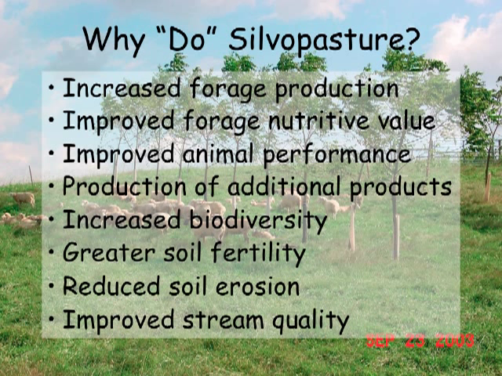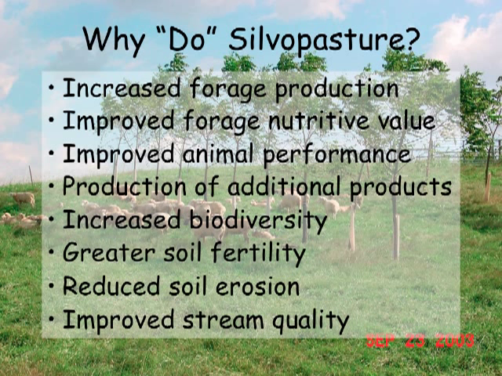What else have we got here? Production of additional products, added biodiversity, soil fertility increases and reduced erosion, and improved stream quality. Now, you may not get all of these production functions with the silvopasture, and we'll talk about that. But there are, again, these added conservation benefits, and so I wanted to try to describe some of these things.